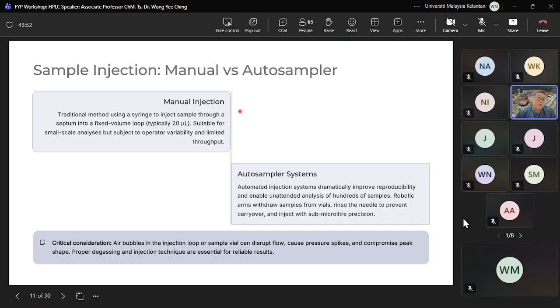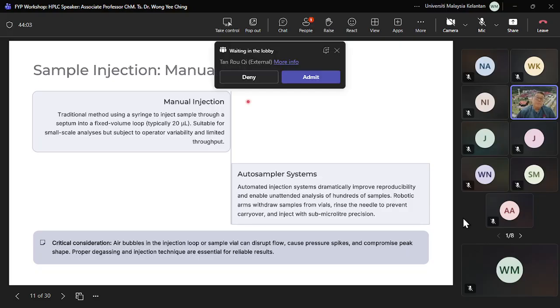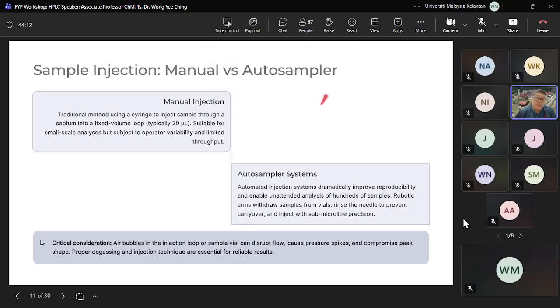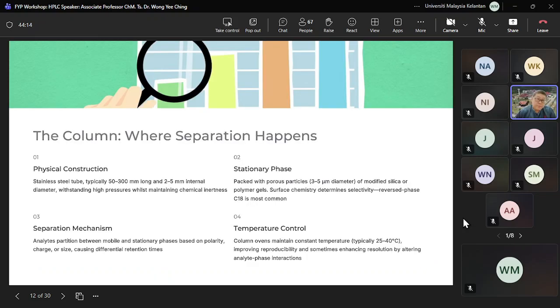But if you are going to run for, let's say, 20, 30, until hundreds of samples, I don't think that you are going to manage to sit in front of the machine there to actually inject the sample one by one. So that is the function that you are having the auto sampler.